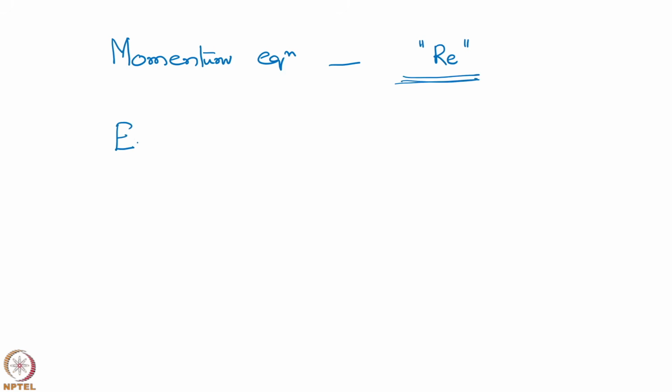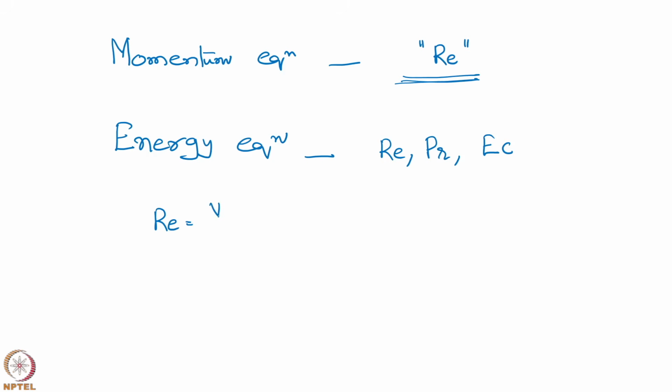But when you non-dimensionalize the energy equation, the non-dimensional numbers which emerged are Re, Pr, and Eckert number, where Re is inertia force divided by viscous force, that is rho u infinity L by mu.